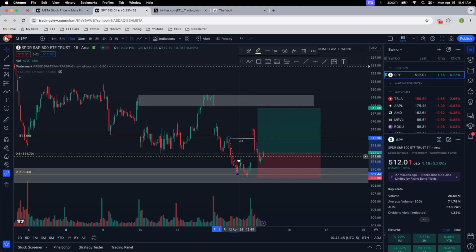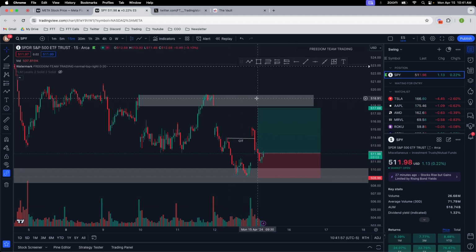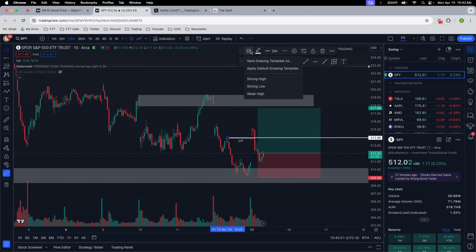So if I was to play just this high, while it could still work, it has a lower probability to work, because I'm playing the break of a weaker high. This one has more of a likely chance to work out.